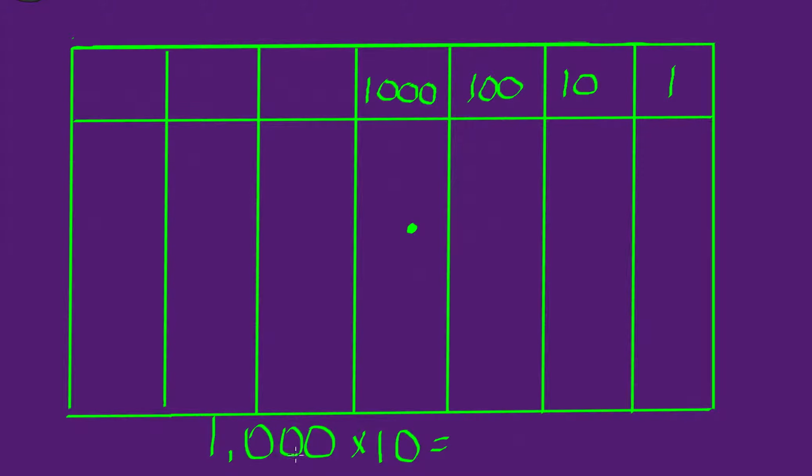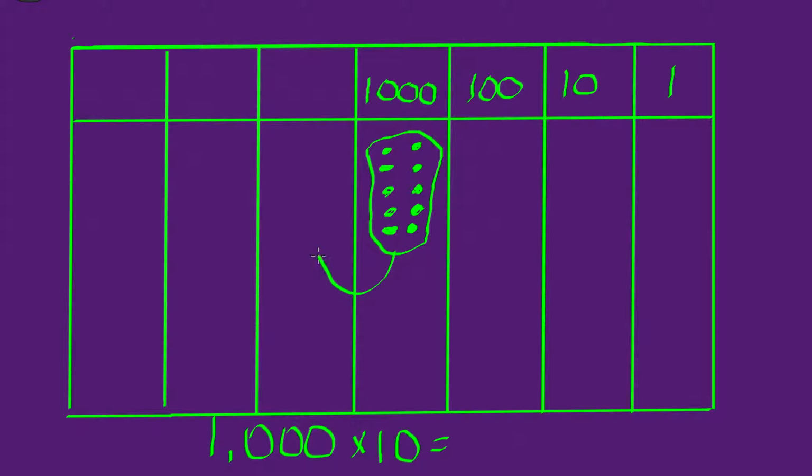Now I want to know what's 1,000 times 10. So I take 1,000. I'm going to make a group of 10 so I can group them and move them to the next place. So there's 8, 9, 10. Then you just count them. Since there are 10 here, I can move them over. 1,000, 2,000, 3,000, 4,000, 5,000, 6,000, 7,000, 8,000, 9,000, 10,000.